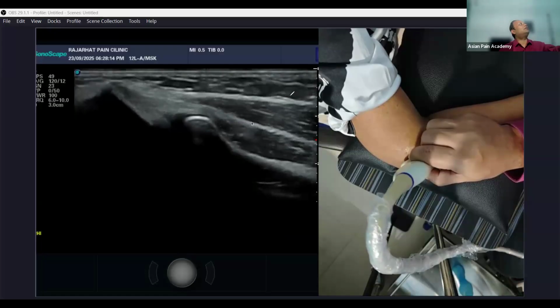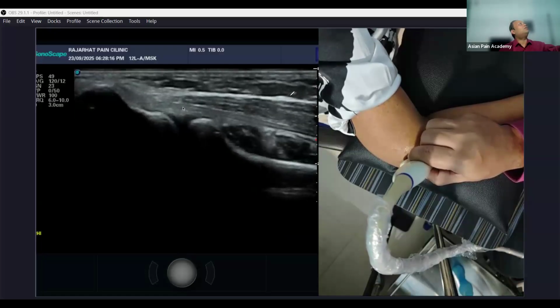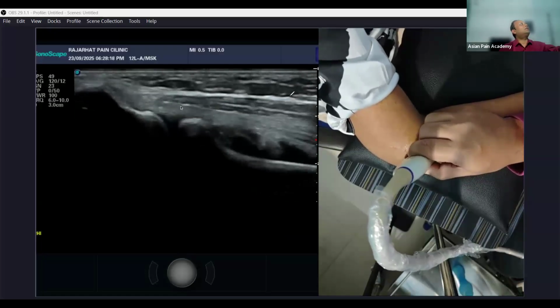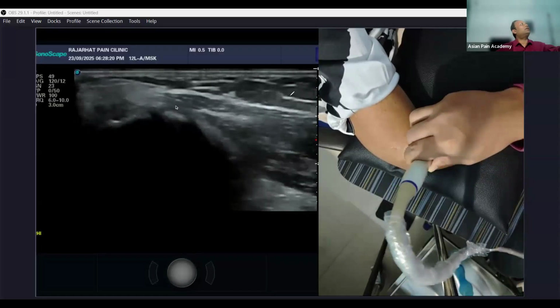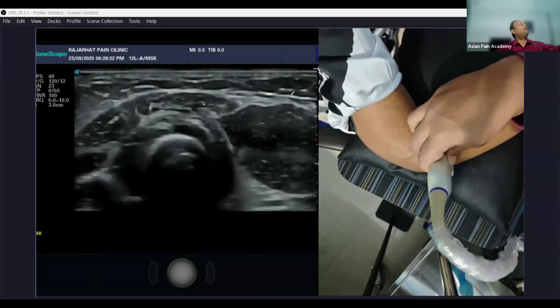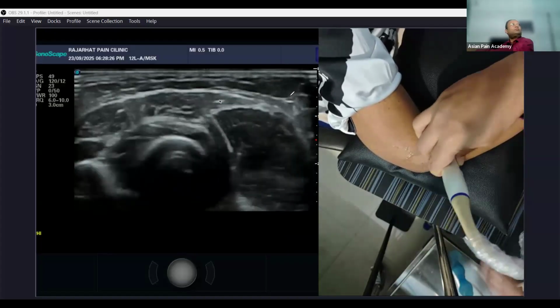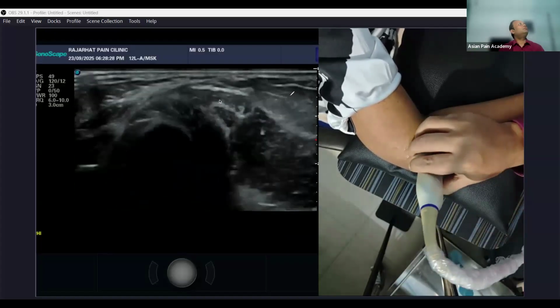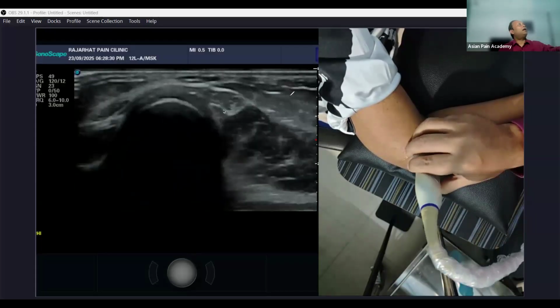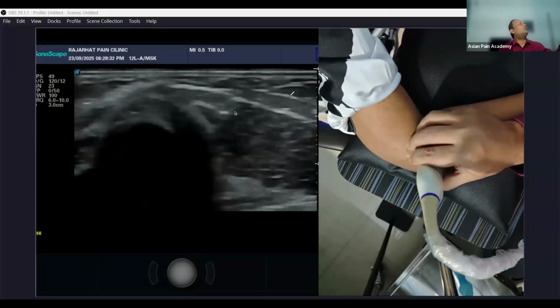This is a fibrillar structure. And the same thing, when we see it in short axis, we find as a scorpion tail. So this is the scorpion tail. I think you have understood the steps.